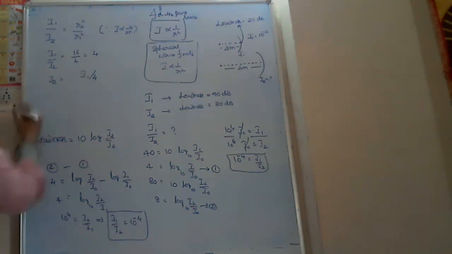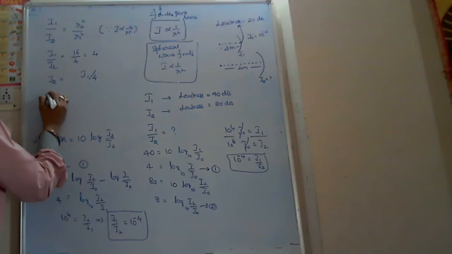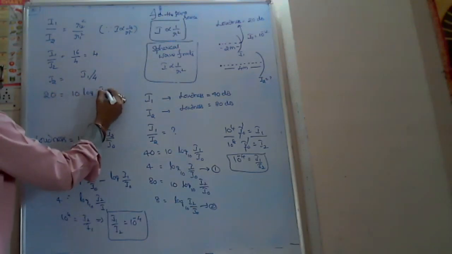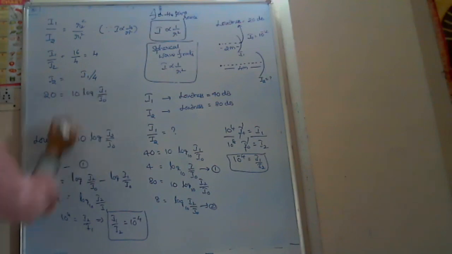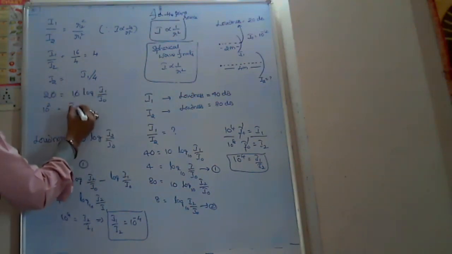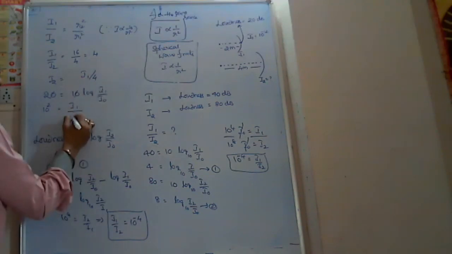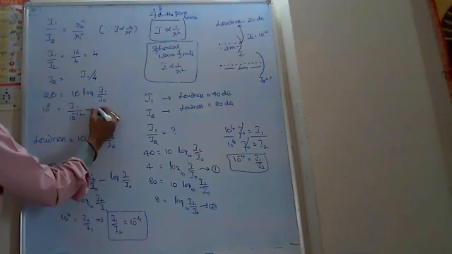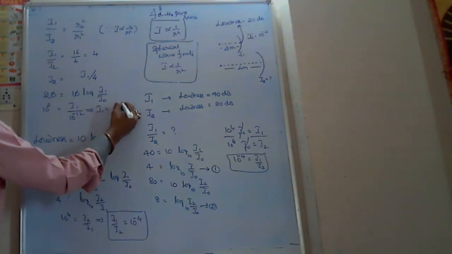Now come back. From the first loudness, 20 is equal to 10 log I1 by I0. 10 power 2 is equal to I1 by I0. I0 is 10 power minus 12. So by multiplication, I1 is equal to 10 power minus 10.